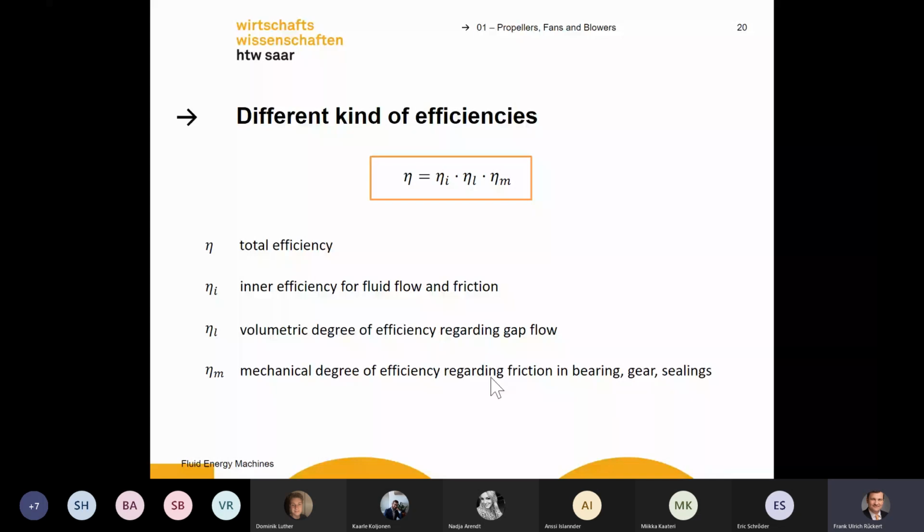This will all cause mechanical losses. Now, if we want to calculate our overall total efficiency, we have to multiply all the single efficiencies. So here you have to make your cross at this slide, and keep it in mind. This law is really important.